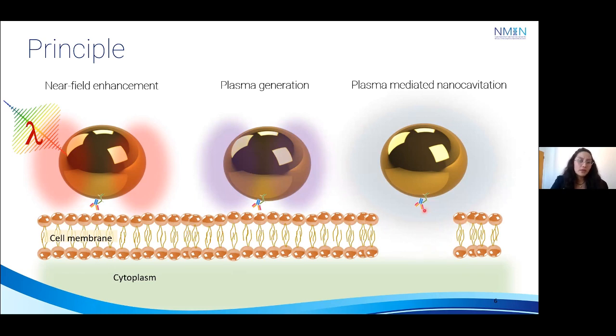This shock wave will allow us to have a hole in our membrane. Once this hole is produced, we can introduce exogenous molecules such as DNA, mRNA, or any other molecule. Usually we also attach fluorophores, so that we can see that the fluorophores are getting inside the nucleus of the cell, because we are going to receive some fluorescent signal from the cells.